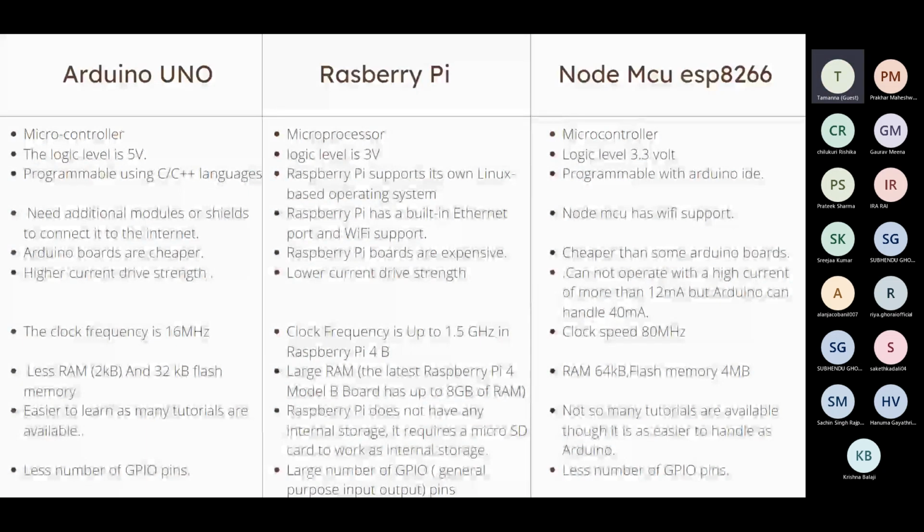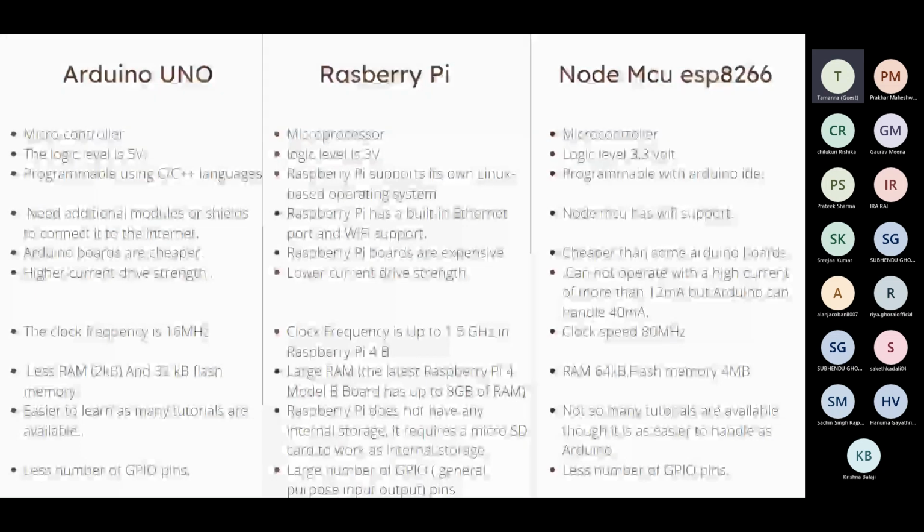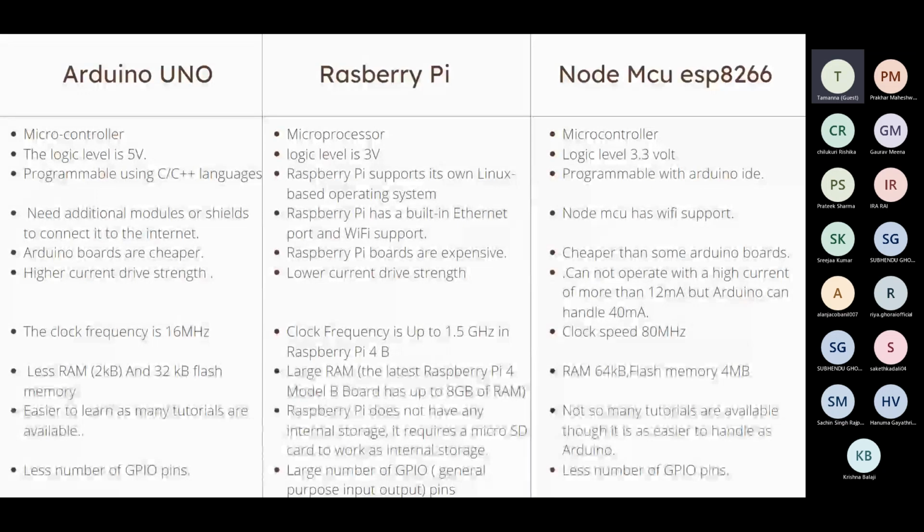As for the cost, Arduino boards are cheaper. They cost around 500 rupees to 1000 rupees. Raspberry Pi are way more expensive than that. They cost between 4000 and 10,000. And Node MCU, generally speaking, are cheaper than some Arduino boards.